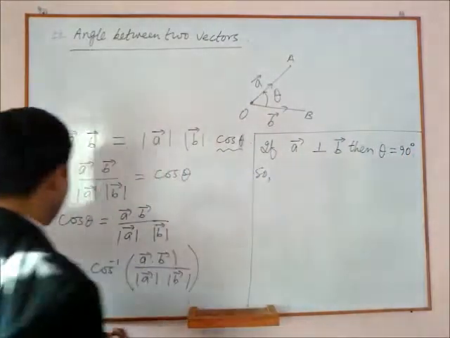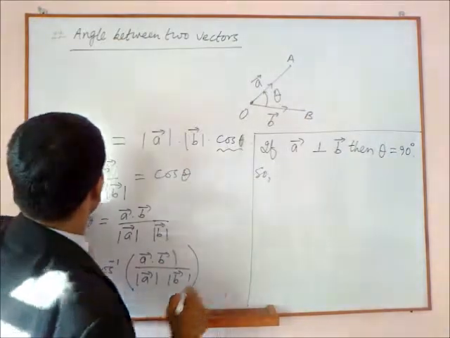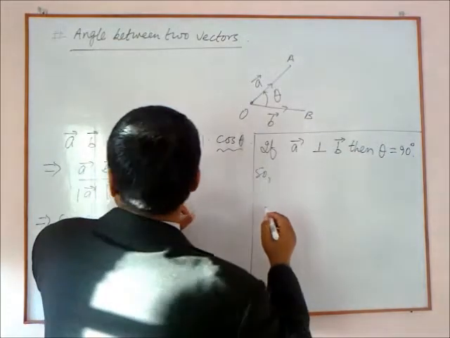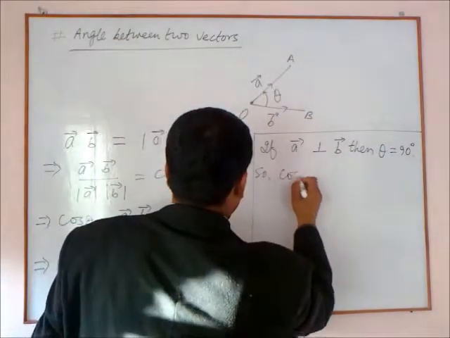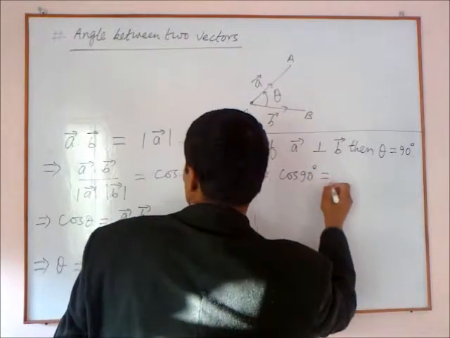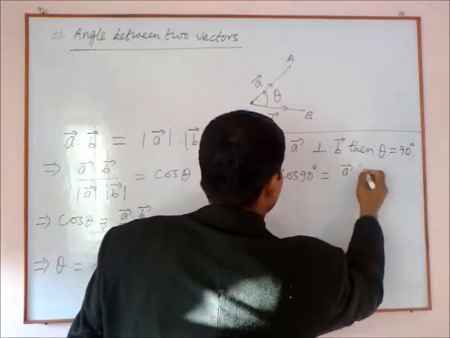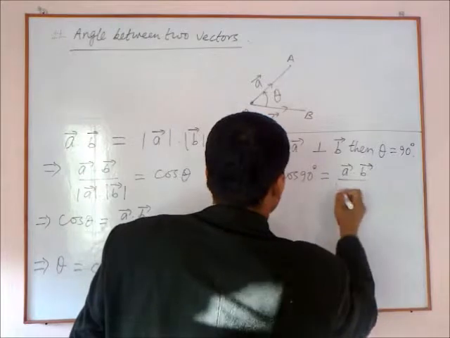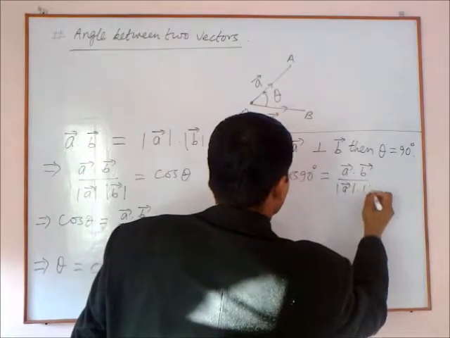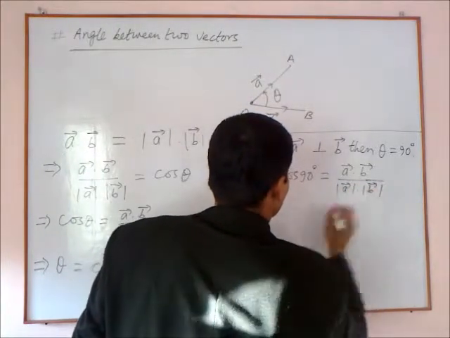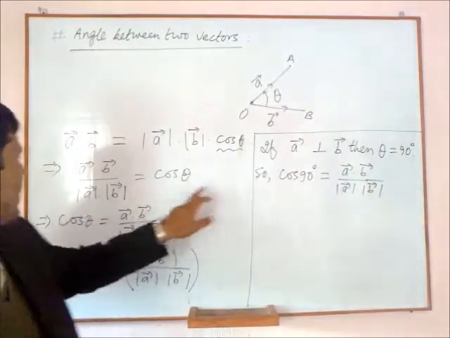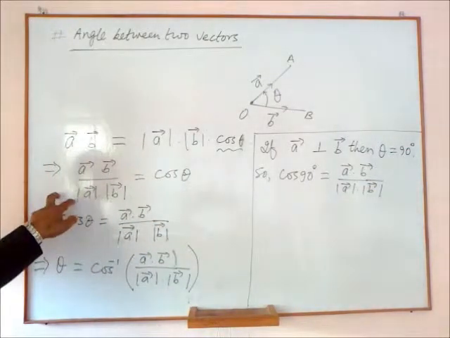So cos 90 degree equals A dot B divided by mod A times mod B. This comes from here. Cos theta equals this.